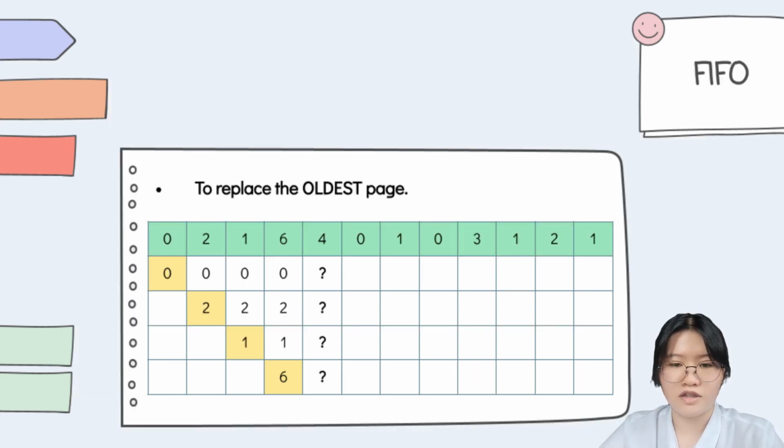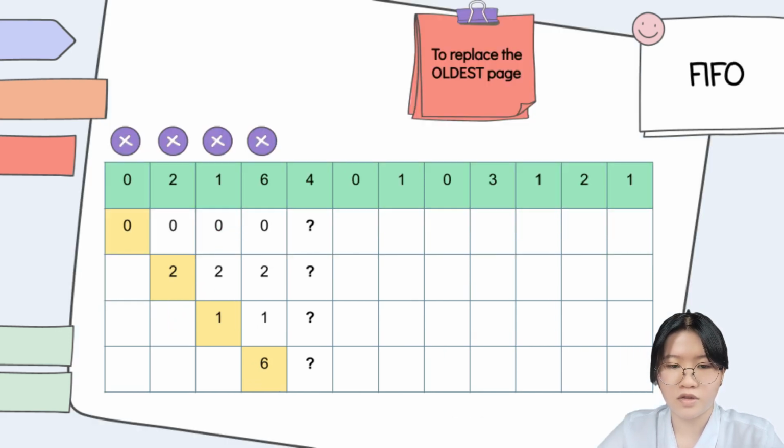Now we're going to insert 4, but the frames are full and 4 is not available in memory. In this case, we need to replace the oldest page. So we choose the page that is first in the memory. There are some sticks above the table. The first one represents the oldest.